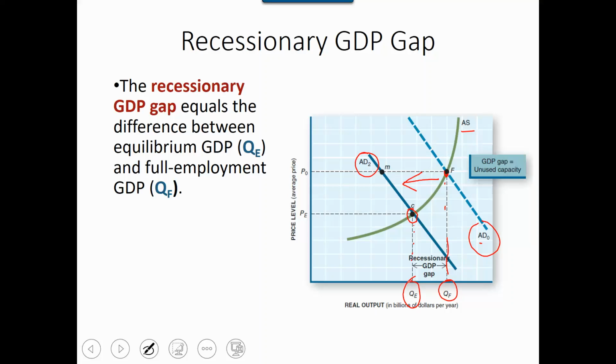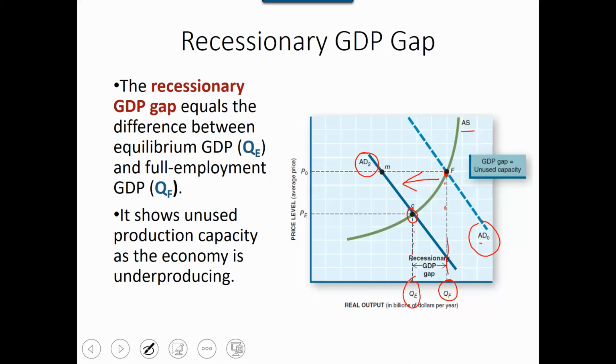The recessionary GDP gap is equal to the difference between equilibrium GDP and the full employment GDP. In this case, the full employment GDP is larger than the equilibrium GDP, so we call it the recessionary GDP gap. If a recessionary GDP gap exists, there is unused production capacity as the economy is underproducing.